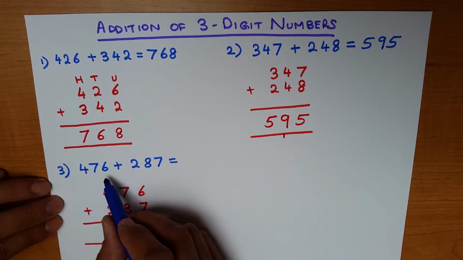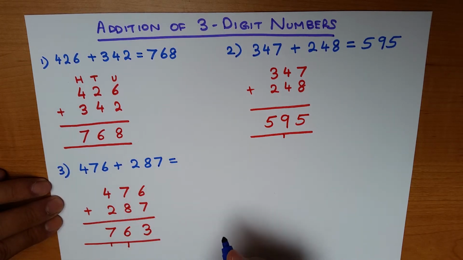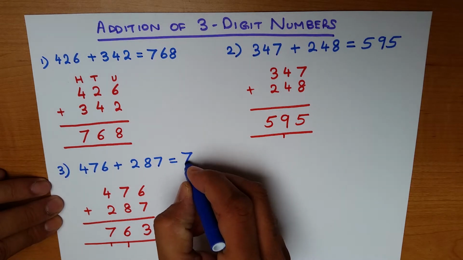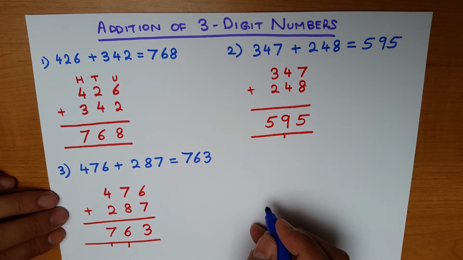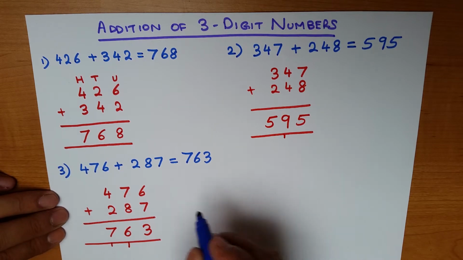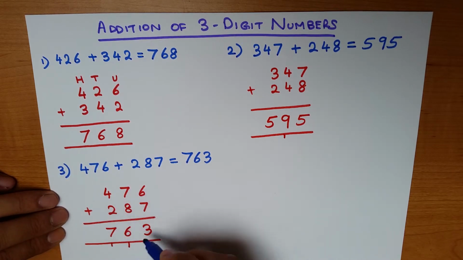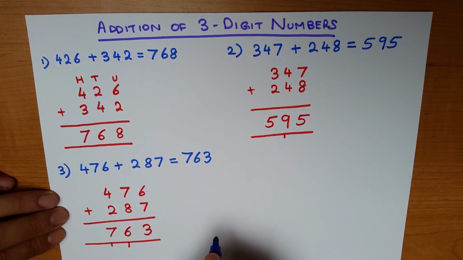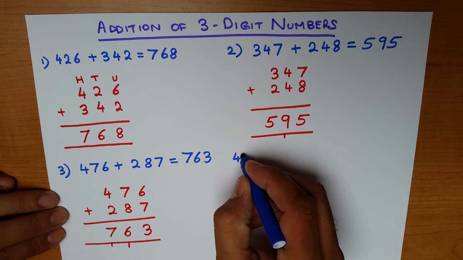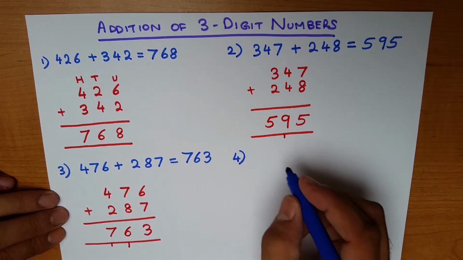So 476 plus 287 is 763. It looked difficult, but when we wrote them down correctly in the vertical format, we come out with the answer very easily. Let's try one final example.